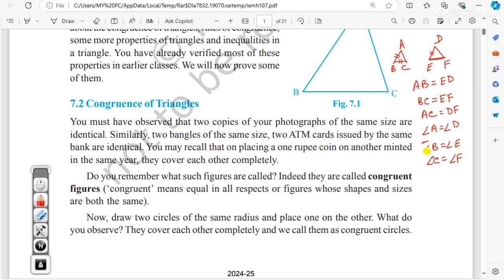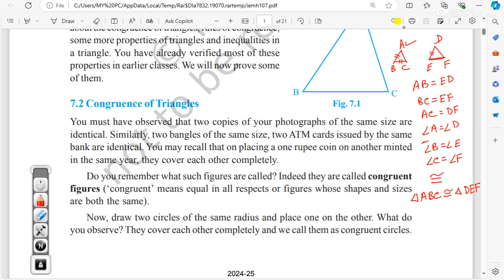And the symbol for congruent is written in this way. That means we can say that triangle ABC is congruent to triangle DEF. The meaning is that they are equal in all respects, means they are equal in their corresponding sides, corresponding angles, and corresponding vertices also.